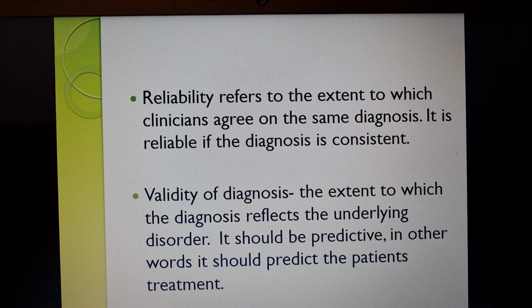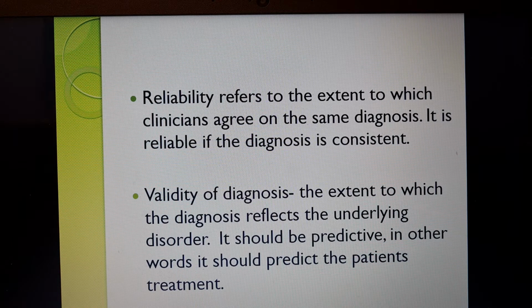Validity of diagnosis is the extent to which the diagnosis actually reflects the underlying cause of the disorder. It can be argued that for a diagnosis to be made correctly, it should also be predictive. In other words, you should be able to predict the patient's treatment as well.